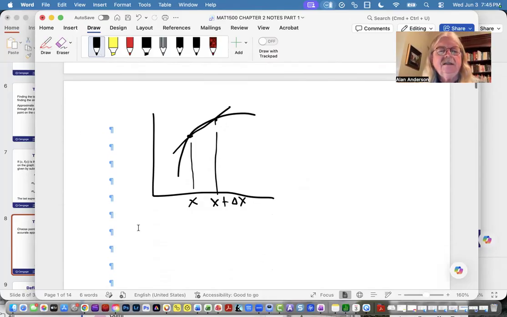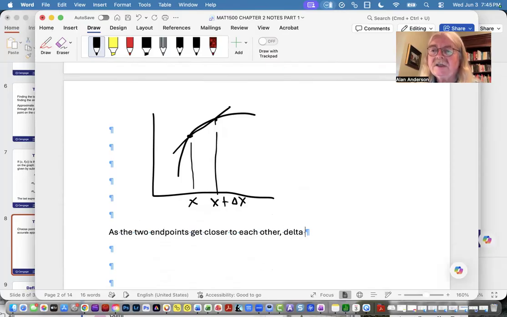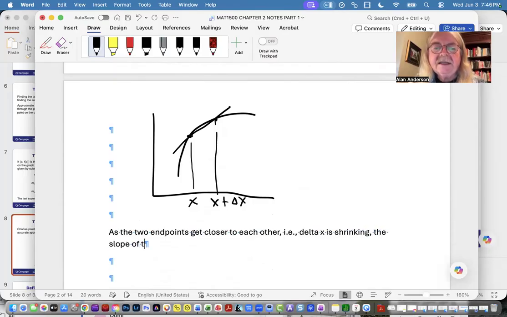So in other words, the purpose of everything that's about to happen is this. As the two endpoints get closer to each other, which is the same thing as saying delta x is shrinking, the slope of the secant line gets progressively closer to the slope of the tangent line.